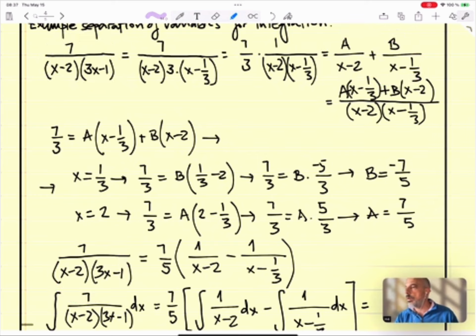When A is 7 divided by 5, A is multiplying, it's like being here on top.